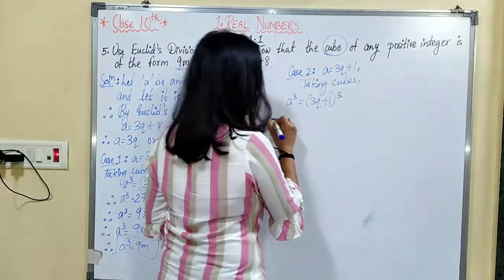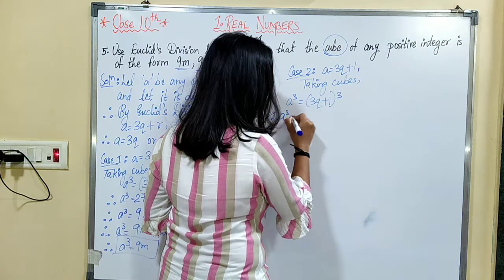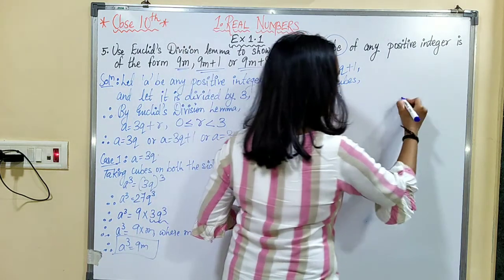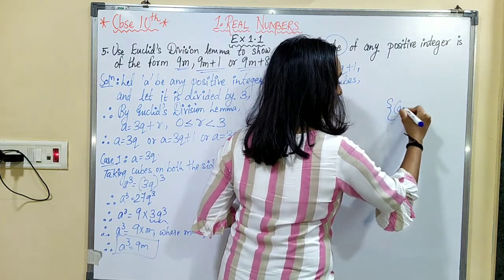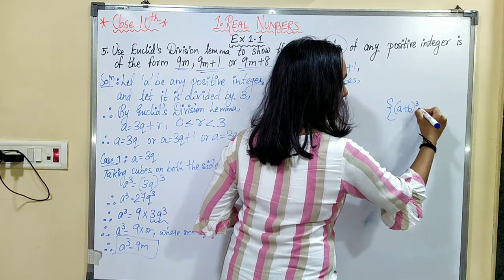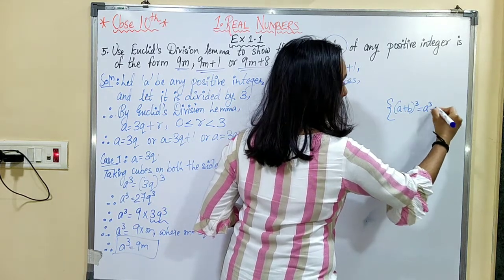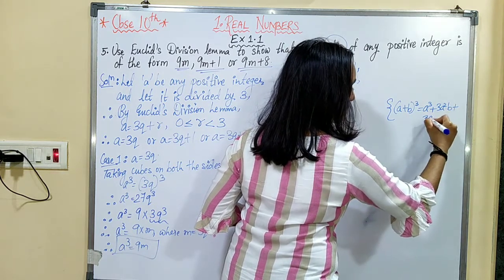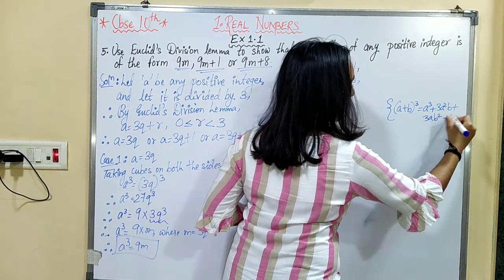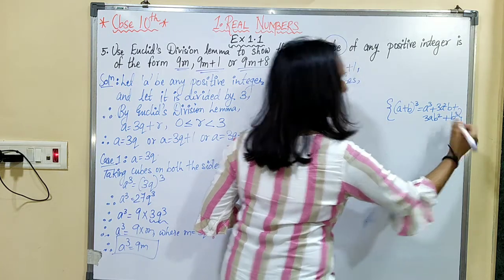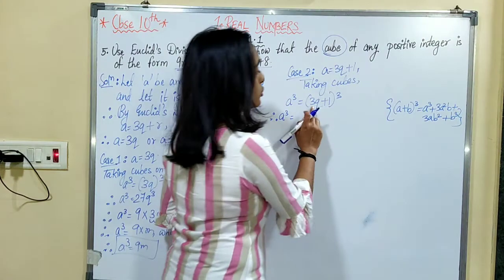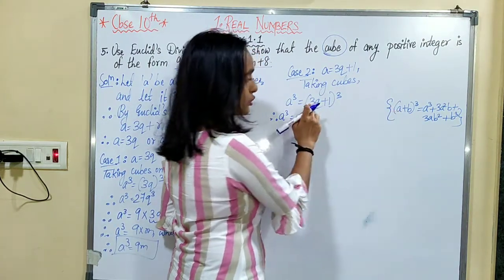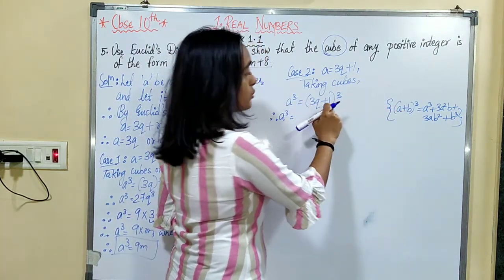Expansion is what? a plus b the whole cube equals to a cube plus 3a square b plus 3ab square plus b cube. This is your expansion, so we will use this here. So here your a is 3q and b is 1.